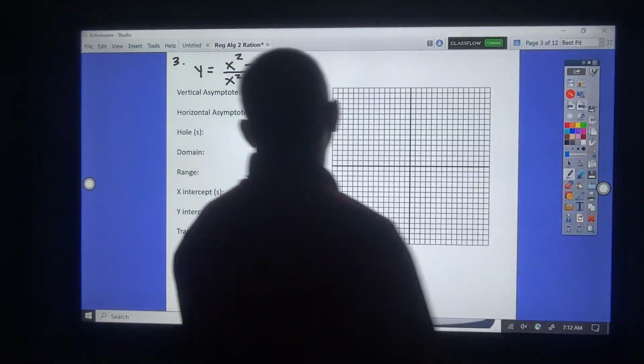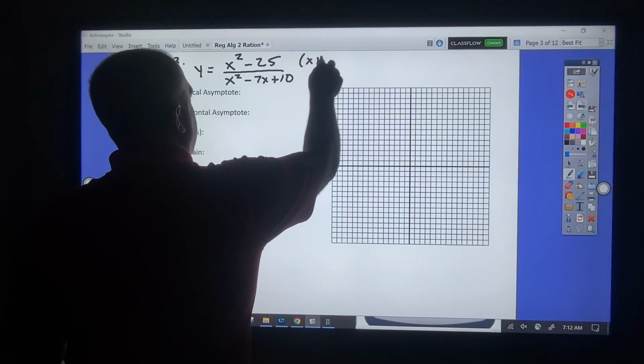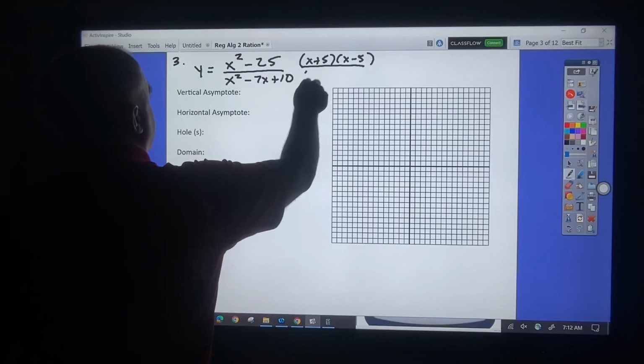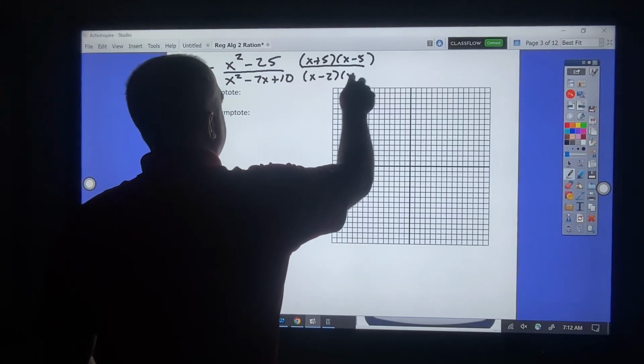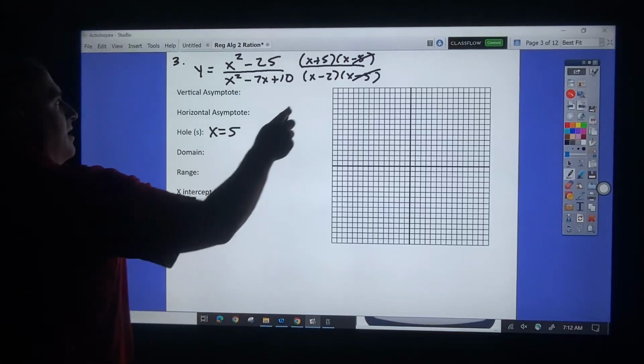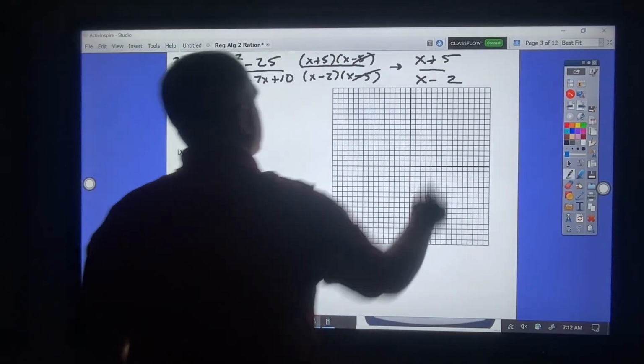Okay, all right. This one, I'd factor to (x plus 5)(x minus 5). This one, I factored as (x minus 2)(x minus 5). So I would be crossing off that, so my hole is at 5. And so what I have is x plus 5 over x minus 2.